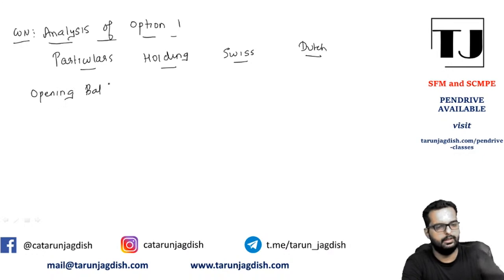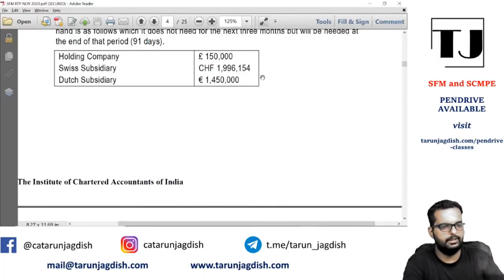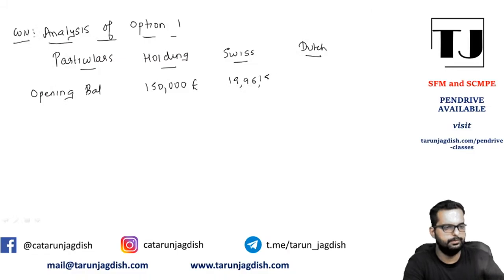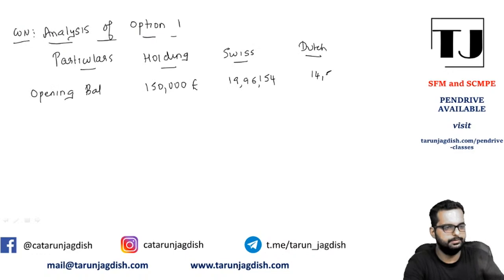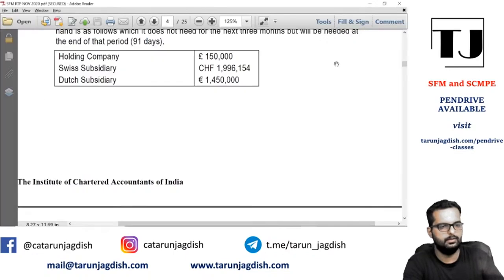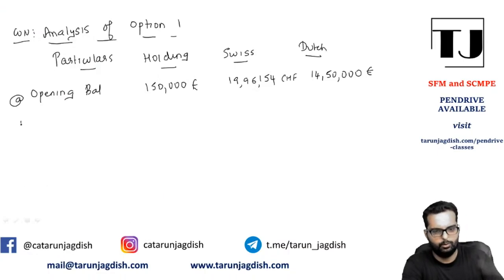Opening balance. Let's check what's the opening balance. Is it 1,50,000 over here? And what about the second one? 19 lakh 96,154, and 14 lakh 50,000. Here it is CHF, and here it is turning out to be euro. This is the opening balance.